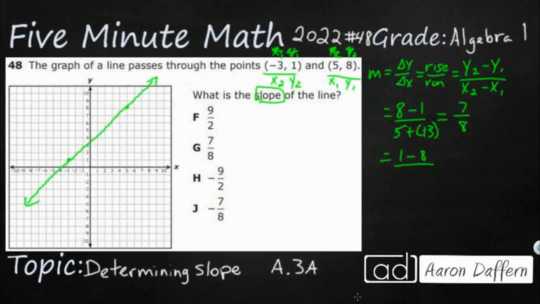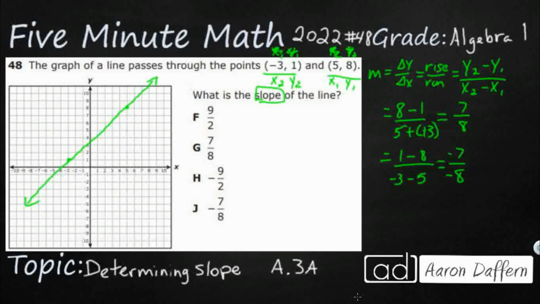See, that's going to be negative. And then my x2 is going to be -3, my x1 is going to be 5, so that's going to be a negative as well. So look at this. 1 minus 8 is going to be -7, and then -3 minus 5 is going to be -8.